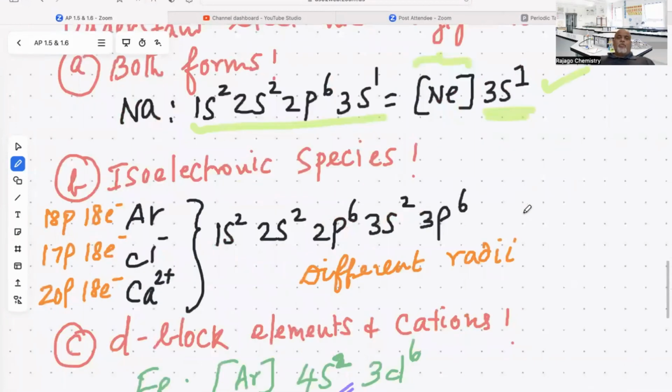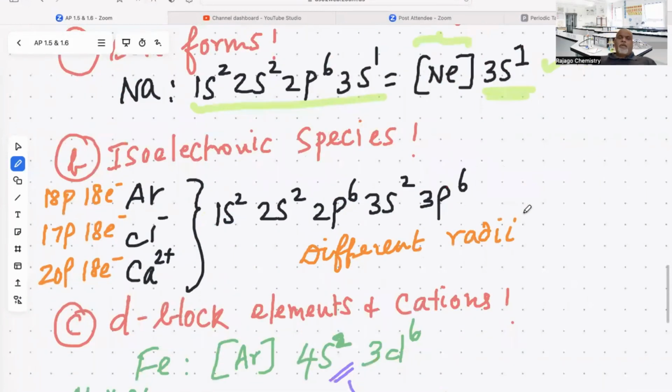The second one is to know isoelectronic species. Iso means same, and electronic means the same number of electrons. If you compare argon, Cl minus, an anion, and Ca2 plus, a cation, all of them have the same electronic configuration because they have the same number of electrons: 18, 18, 18. But they have different numbers of protons: 18, 17, and 20.